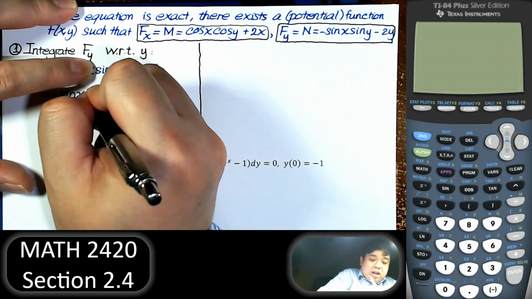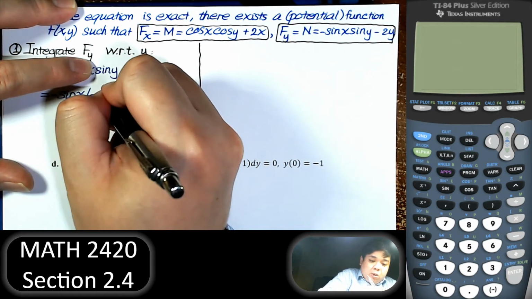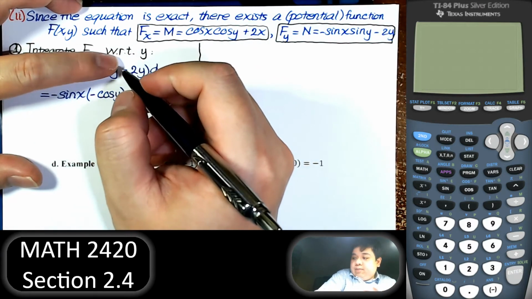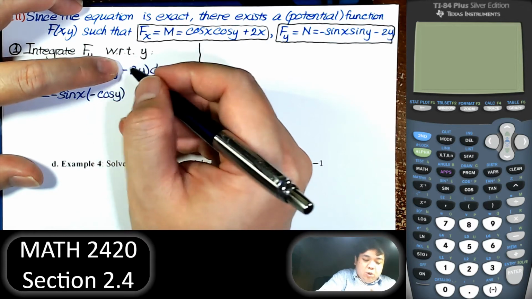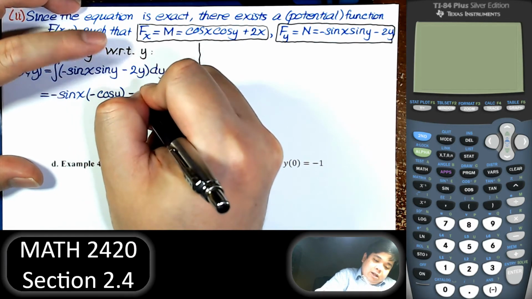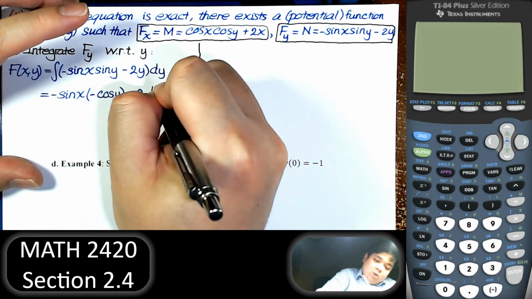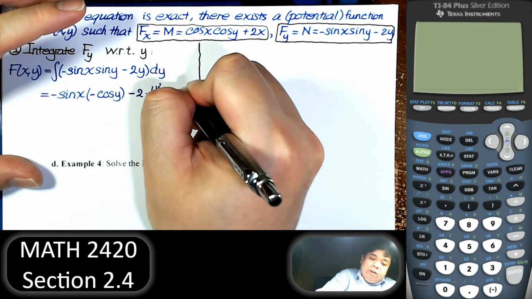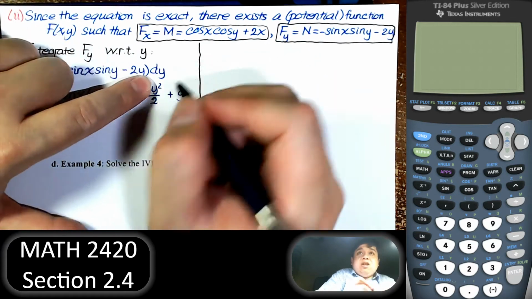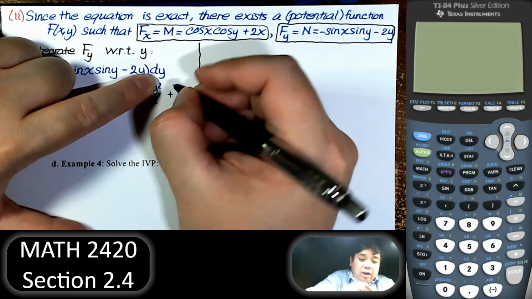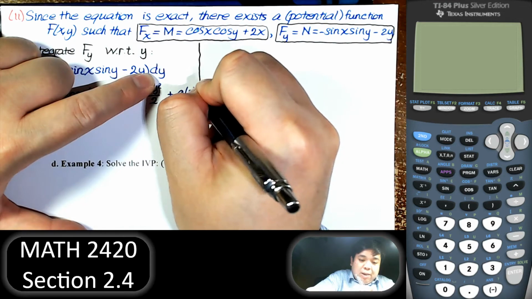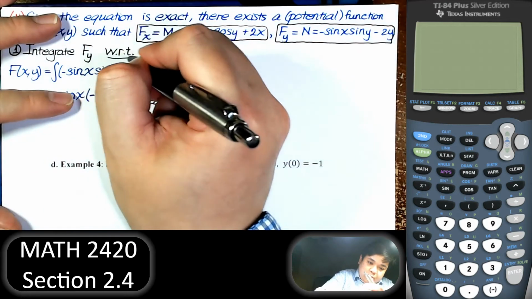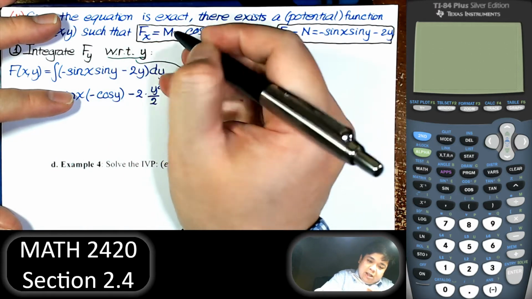Integral of sine y is negative cosine y, and integral of 2y is 2y squared over 2, and then plus, since this is f_y with respect to y, I can have the function of x as a constant. So with respect to y, g of x is a constant.